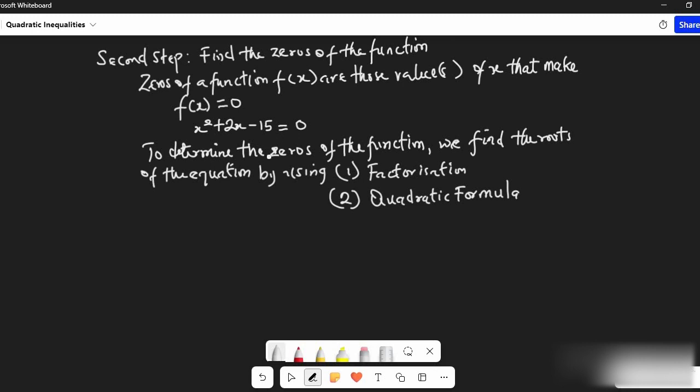Now, for this example, we're going to be using these two methods so that I show you how to use both methods to find the roots of the equation. So let's begin with the factorization method.